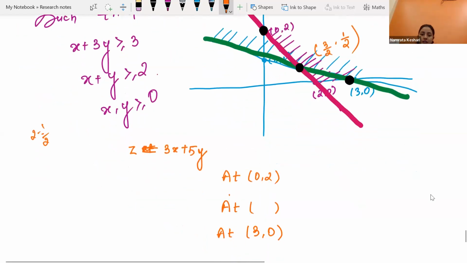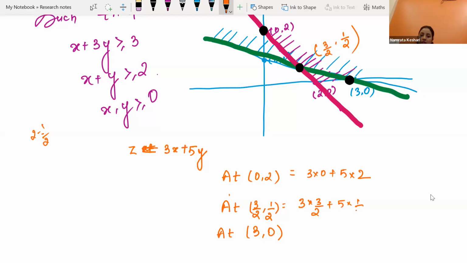So we'll be checking at these points. 3 by 2, 1 by 2, and the objective function 3x plus 5y.